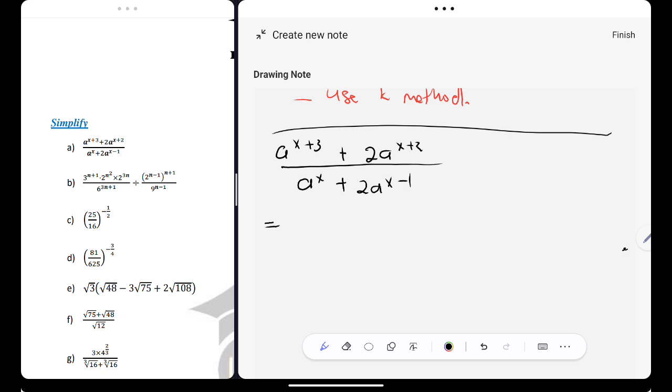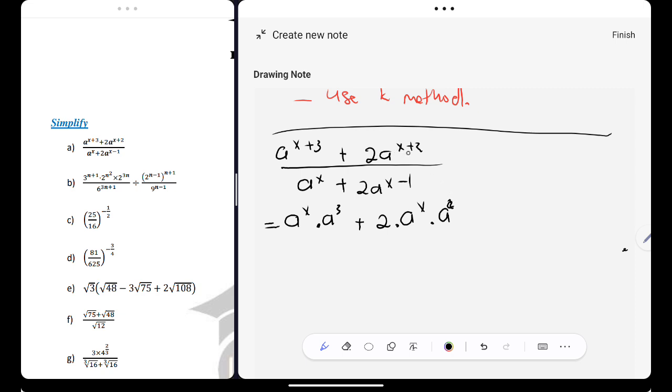The first thing we need to do, separate exponents. I will have a to the power x plus 3. I'm writing the same thing. If I had a to the power x plus 3, that means I was multiplying my exponents since they are adding one another. Together, plus 2 multiplied by a.